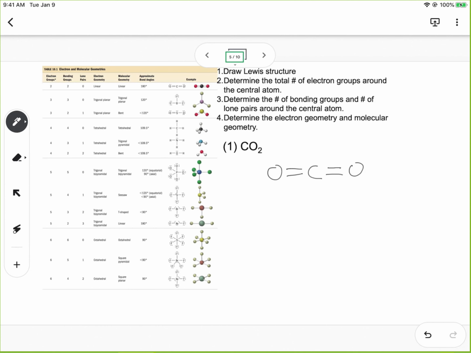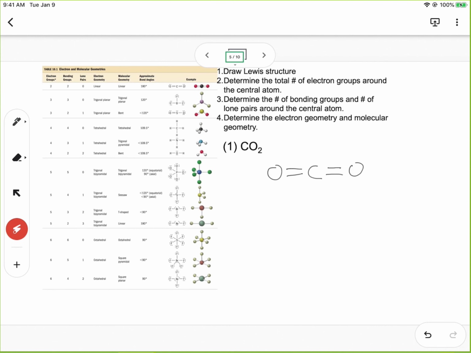The second step, determine the total number of electron groups around the central atom. You can see that the central atom carbon has 2 bonding groups and no lone pair electrons, right? So the total number of electron groups would be 2. And step 3, the number of bonding groups and the number of lone pairs. We just did that when we talked about step 2.